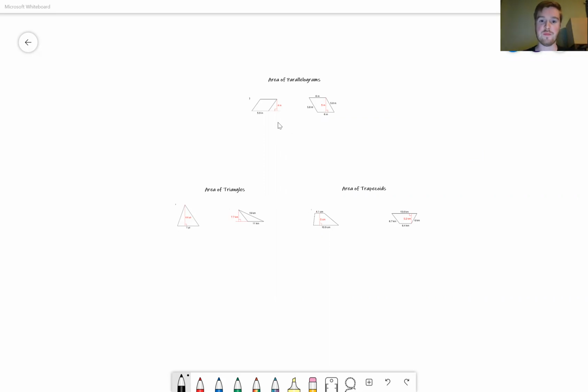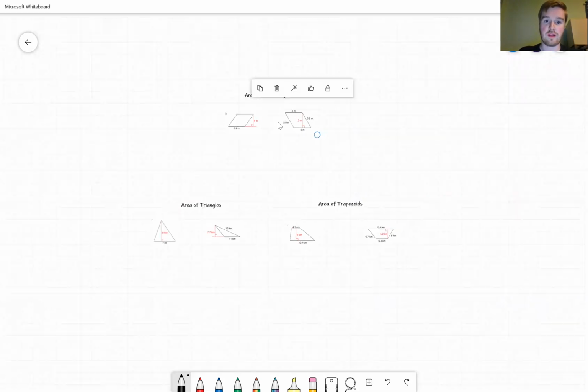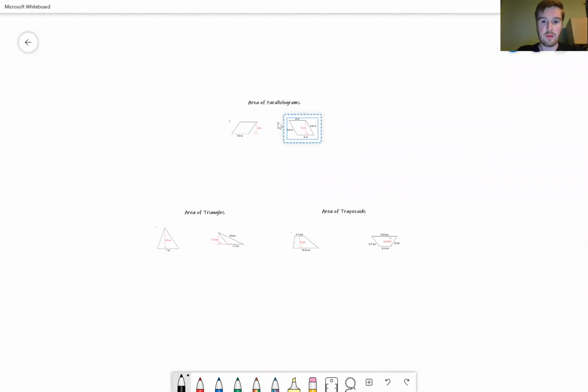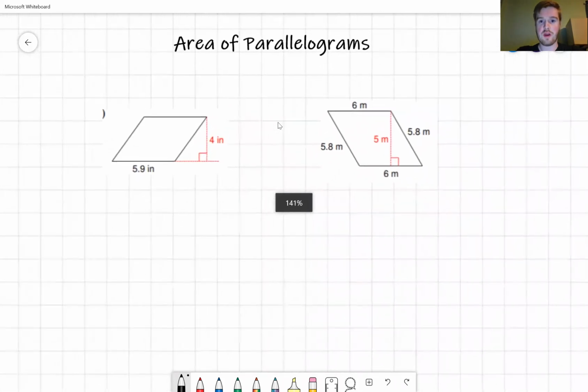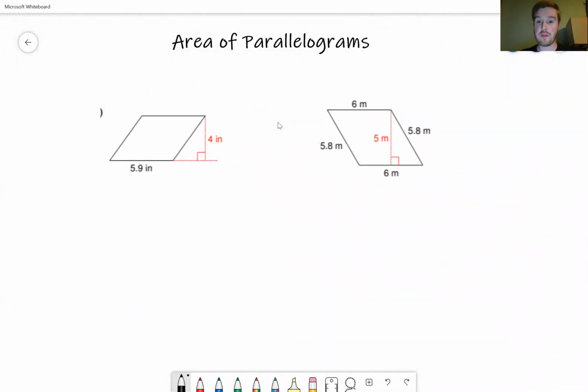All right. So we're going to start with parallelograms. So let's just zoom in here on this. Now, with parallelograms, the formula is very basic.